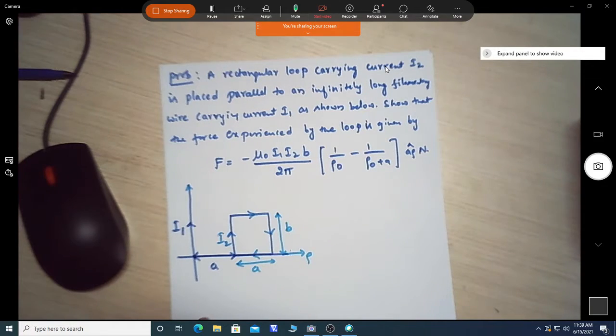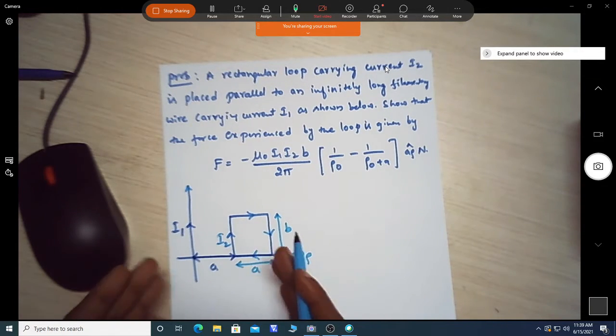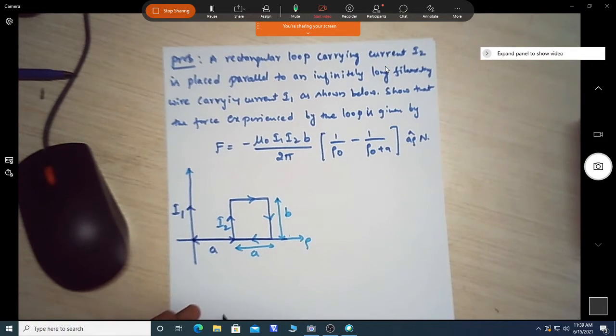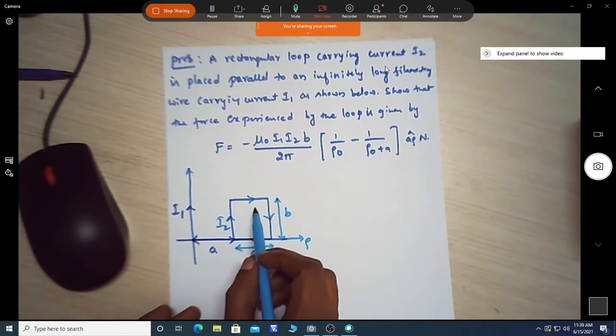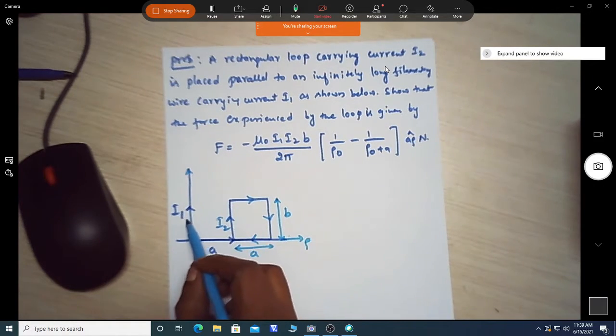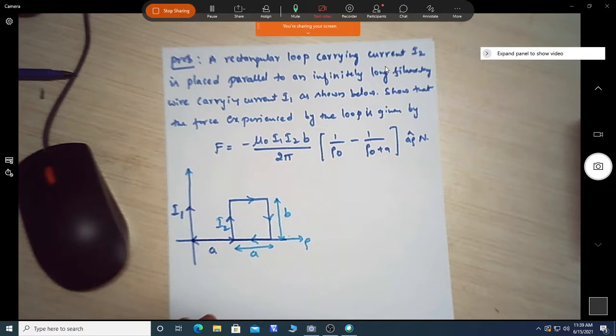So we have to find out, in the rho direction, the force experienced by this loop from this current element. So that we have to show.